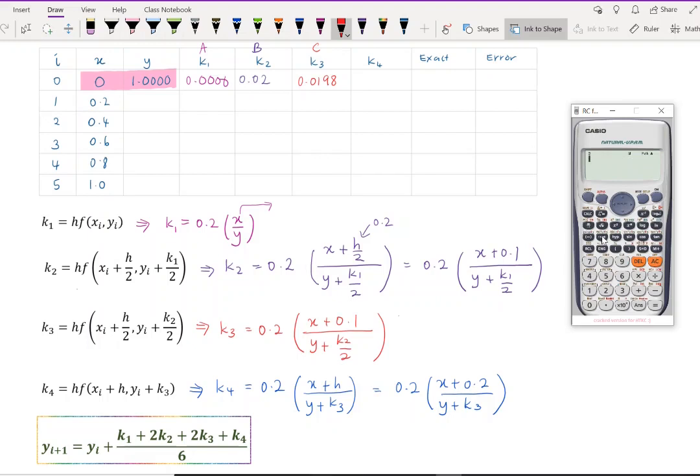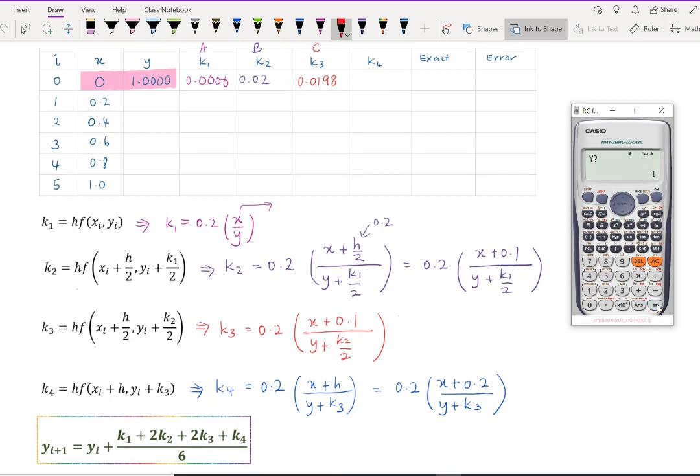Then proceed with K4, insert into the calculator. We consider K4 as D now, equals 0.2 X plus 0.2 Y plus K3. Our K3 now is C, alpha C. So click calculate. Our X is 0, just refer to the same values for this first row.